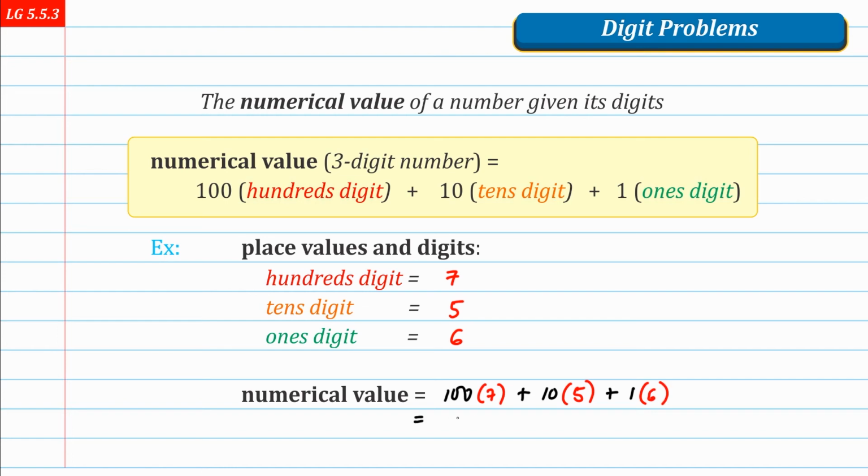Therefore, in the end, it's 700 plus 50 plus 6. So, it's 756.